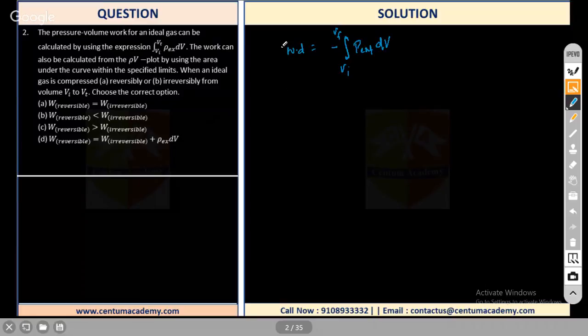It means they are talking about the magnitude of this work done. So work can be calculated from this P-V plot by using the area under the curve within the specified limits when an ideal gas is compressed reversibly and irreversibly from Vi to Vf. Choose the correct option.